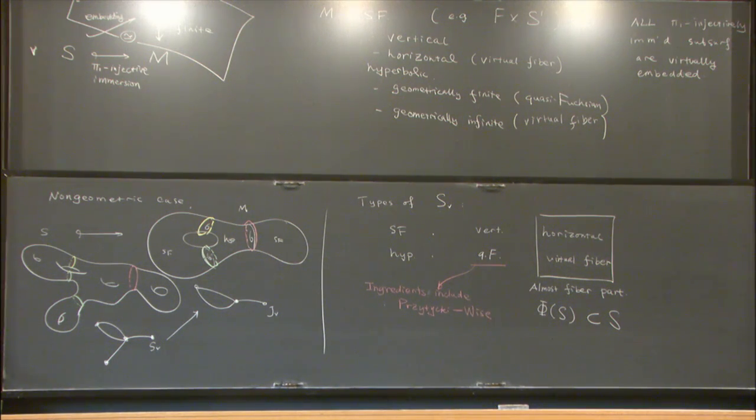And I guess the third thing is, okay, I do know some obstruction to detect non-separability, but do I have any ways to construct an example of a non-virtually embedded subsurface?